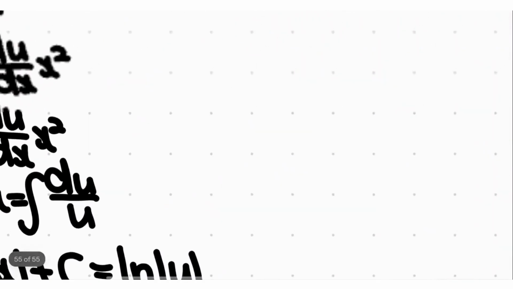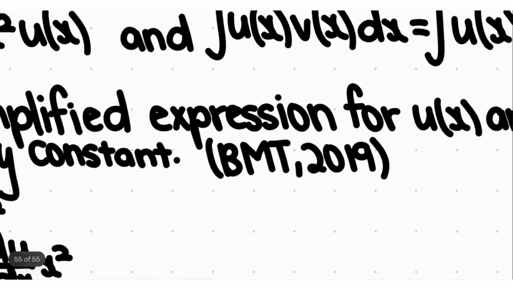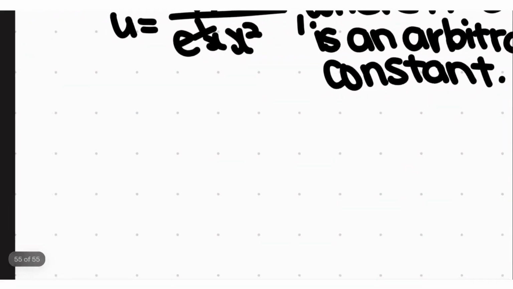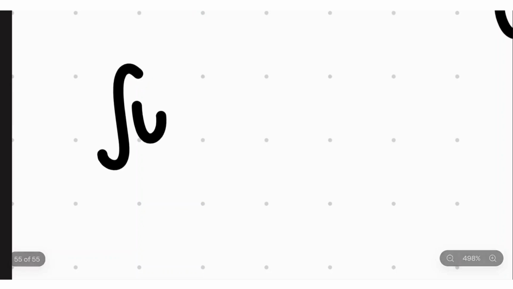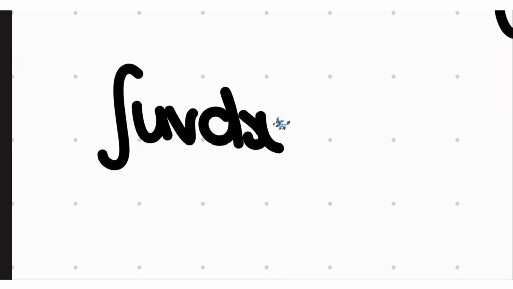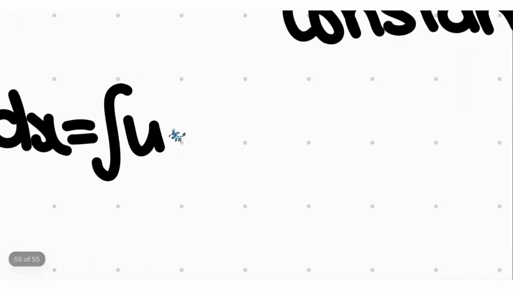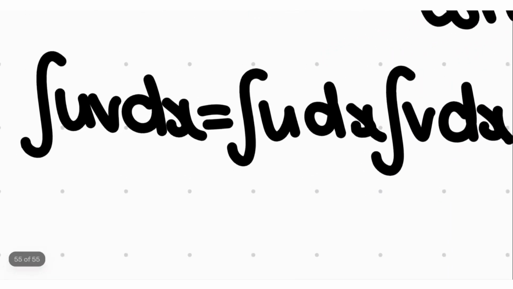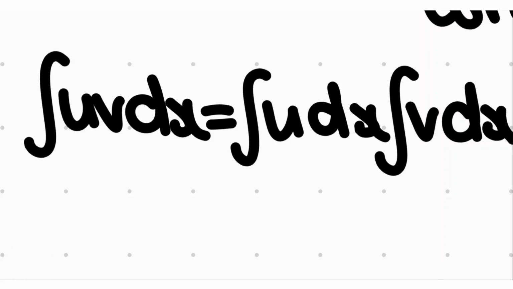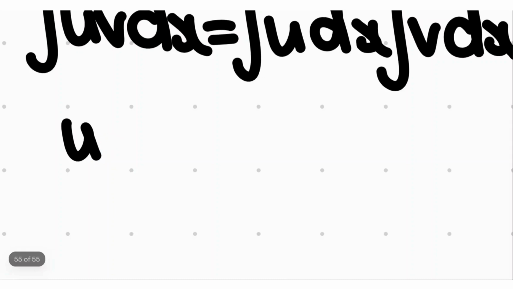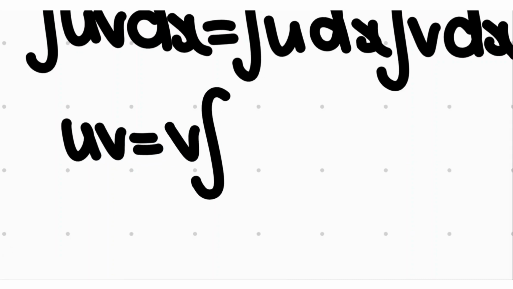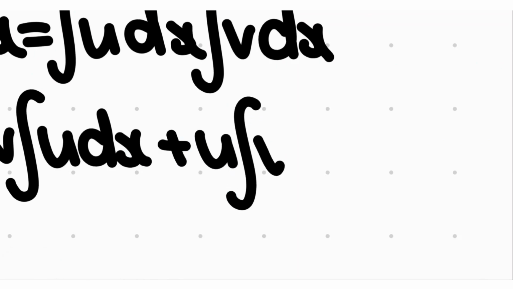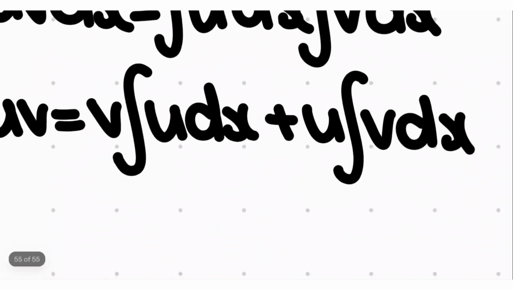So now all that's left for us to do is to find v squared(x). And I will be using this piece of information. So let's write that down here. The integral of uv with respect to x equals the integral of u with respect to x times the integral of v with respect to x. And again, nothing much we could do here except differentiate both sides. So uv equals v times the integral of u dx plus u times the integral of v dx, again by the product rule.